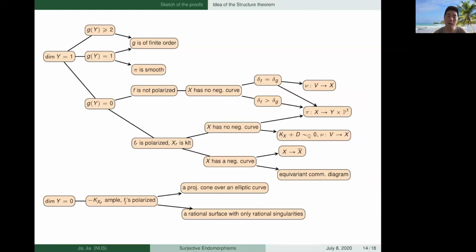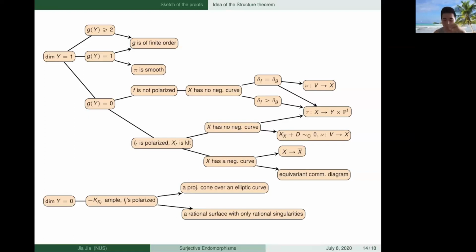Because if X has a negative curve, we can show F_R to be polarized. Yeah. So we know X has no negative curve.